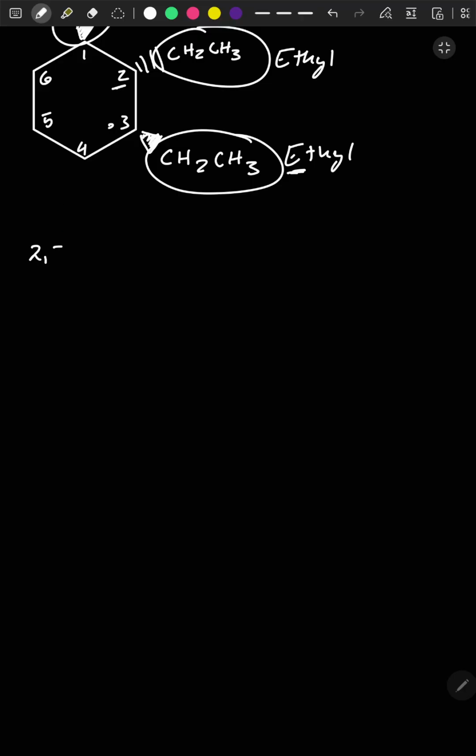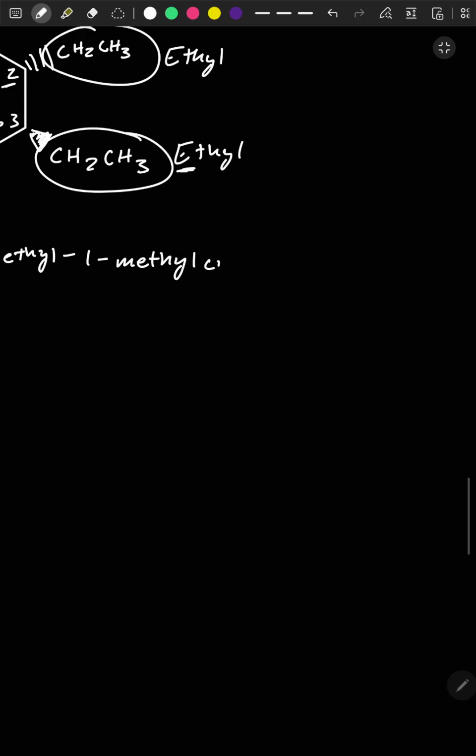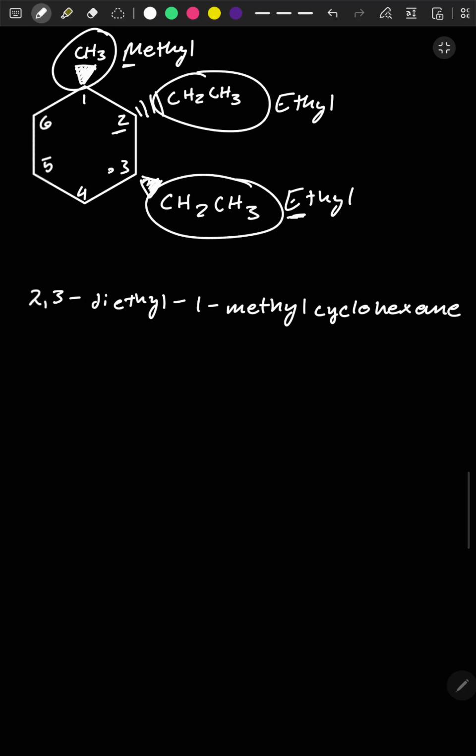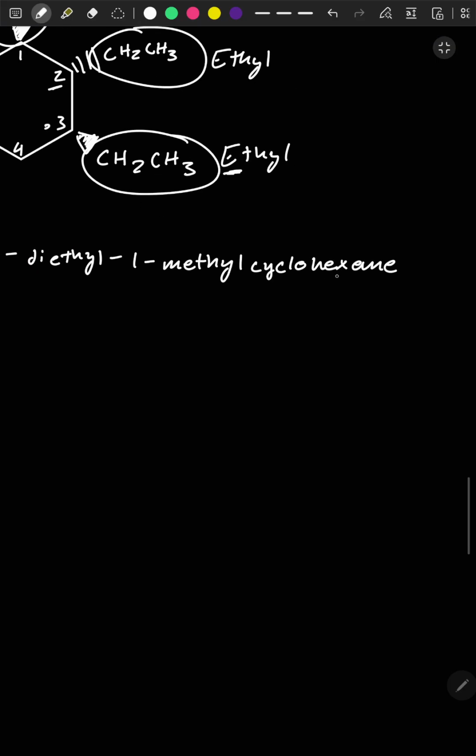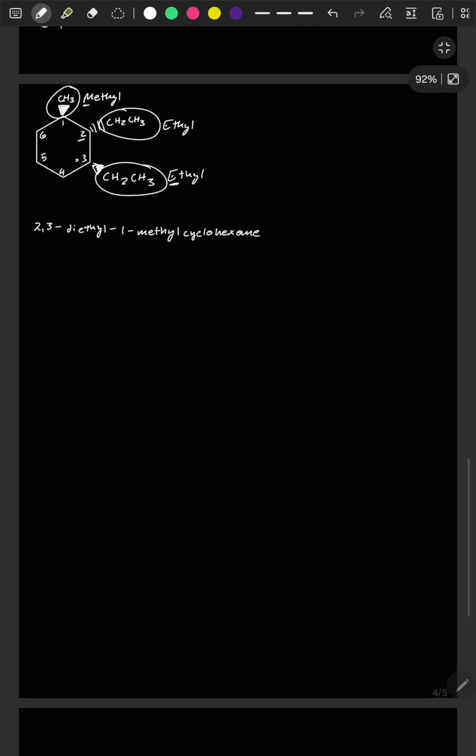So we'll do 2,3-diethyl-1-methylcyclohexane, because we have 6 in the longest carbon chain, and there's no functional group, so we're just going to call it hexane.